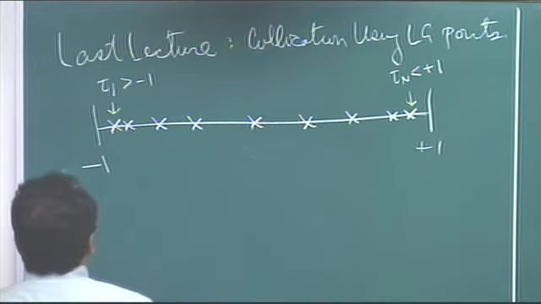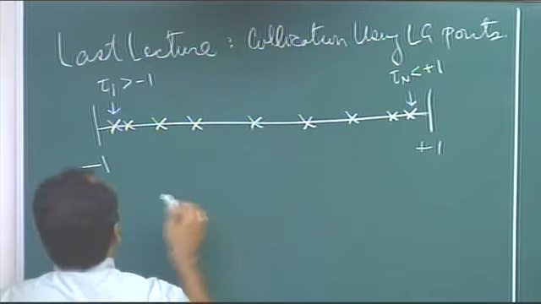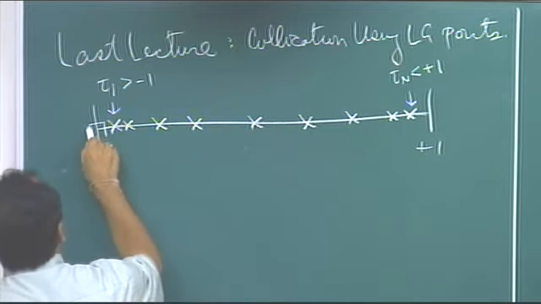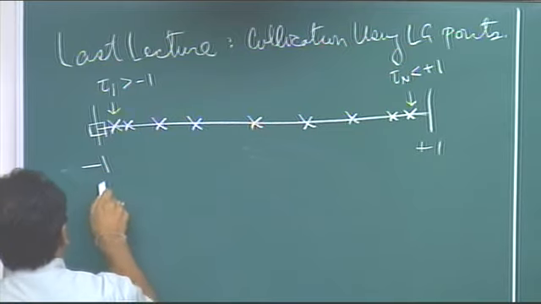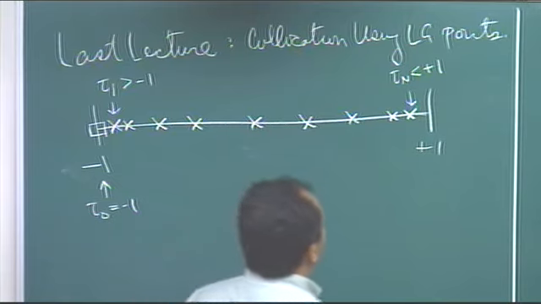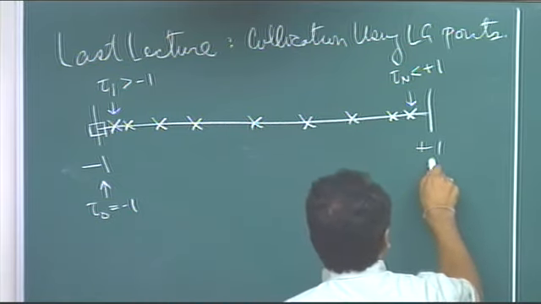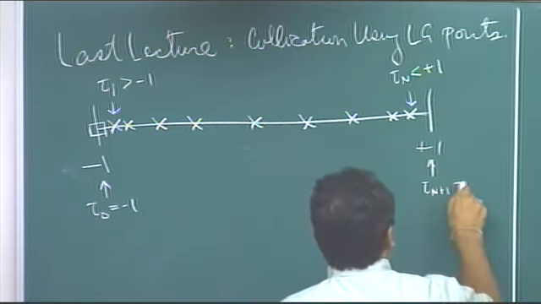And what I had said was that we constructed a state approximation which included these points, but we also included this endpoint at tau equals -1, and we defined this as tau 0. And then we also included another point at the end, which I called tau n plus 1, which is equal to +1.